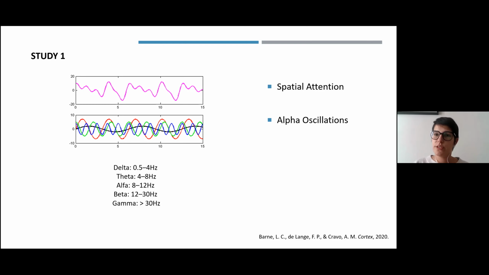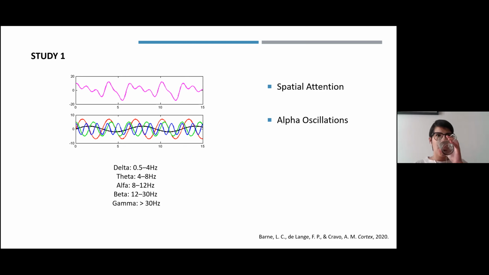And when we consider frequencies, we can discriminate different bands. You can see here that alpha is from, I would say, 8 to 12 hertz. And you have delta, theta, beta, and gamma.